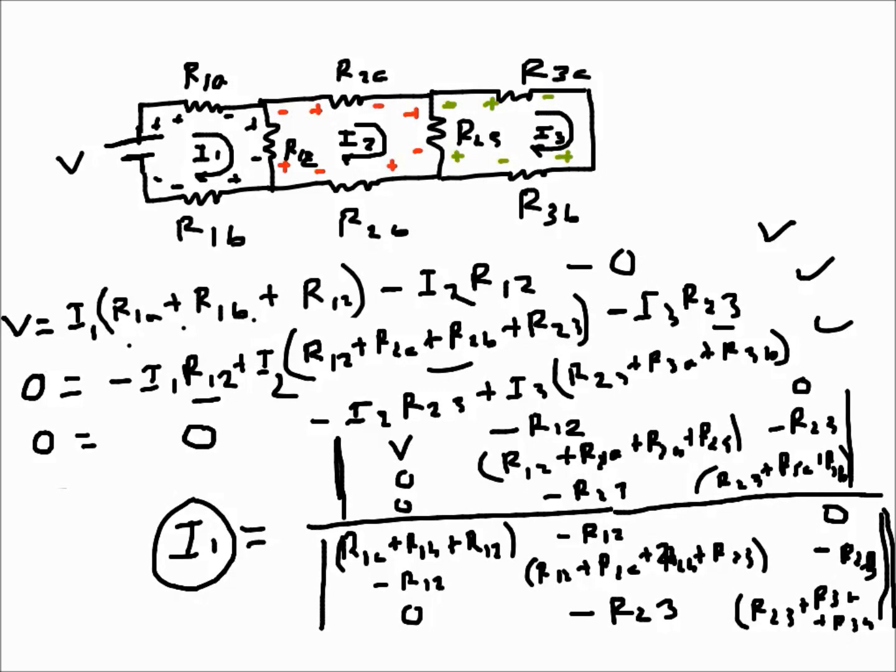It's not readable, just R23, R3A, R3B. So that's the expression for I1, these two determinants, and for I2 it will just change. The first row will be the same, but the second row, that is the I2 row, will be the V, 0 column.